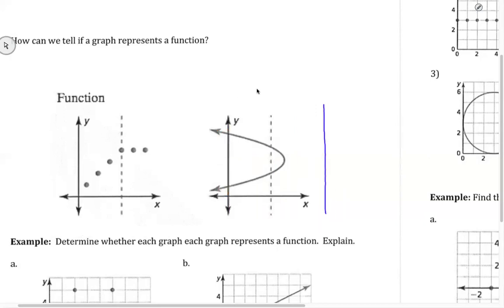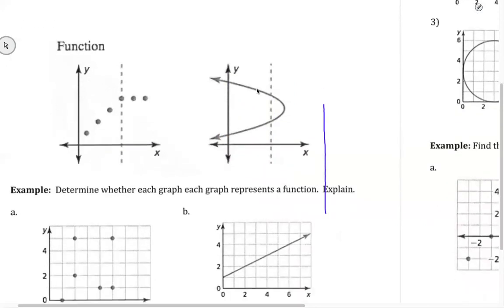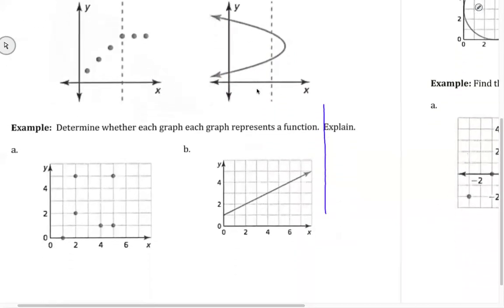You guys okay with that? So let's look at these. Take your vertical line, which is your pencil, drag it across your graph. Once your graph touches it twice, you stop. Grace, do you see why I stopped right there? Because it touched twice, right? Not a function.